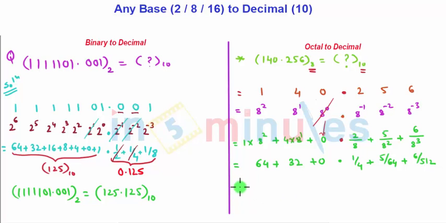If you add these numbers together, what answer will you get? 64 plus 32, that is 96, fractional point, and the sum of these three digits will be 0.339. So I will write down 339, and the number is converted into the respective decimal, 96.339.